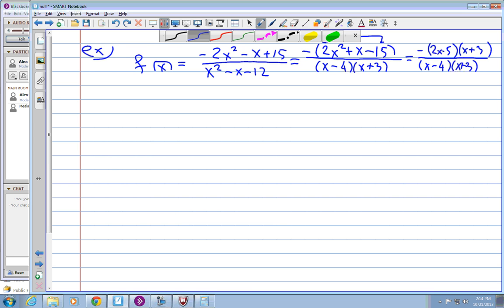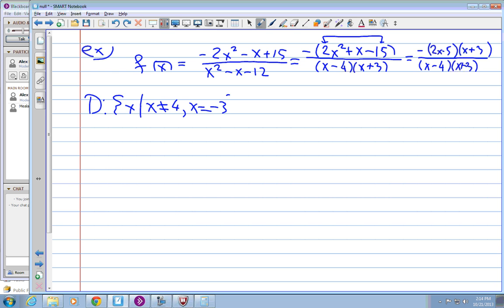What is the domain of this function, by the way? That's right. So domain would be all real numbers except for 4 and negative 3. Although I can do that, x plus 3, they cancel. That does not affect the domain. Remember we talked about that.